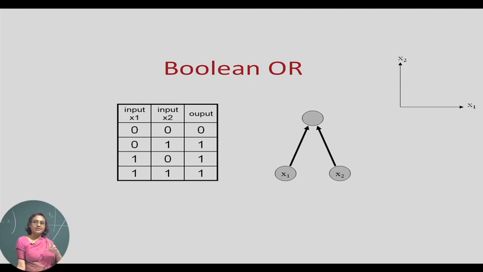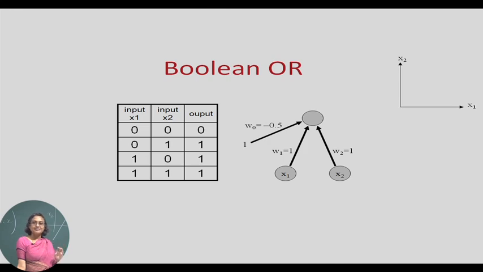So, there are three weights associated with this perceptron: W1 from x1 to the unit, W2 from x2 to the unit, and W0 which is the bias. Now, this particular diagram shows you some specific values of W0, W1 and W2 for which we can implement this function. This function can be implemented by some sets of values.